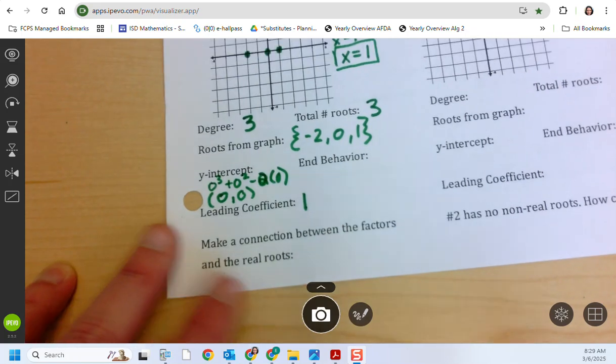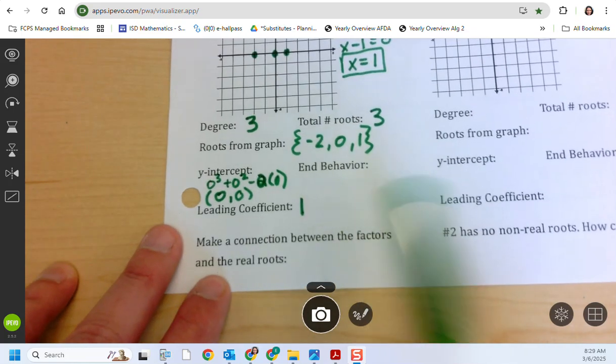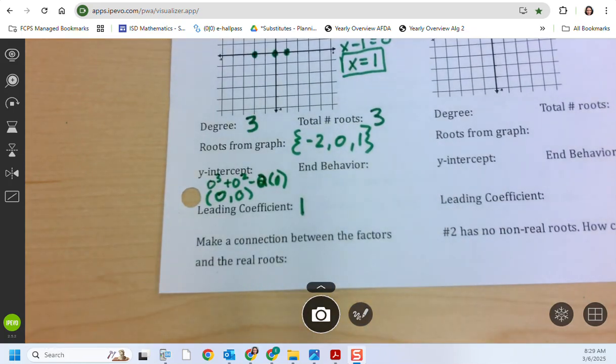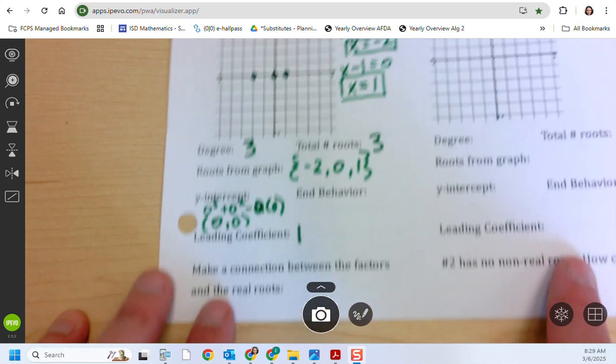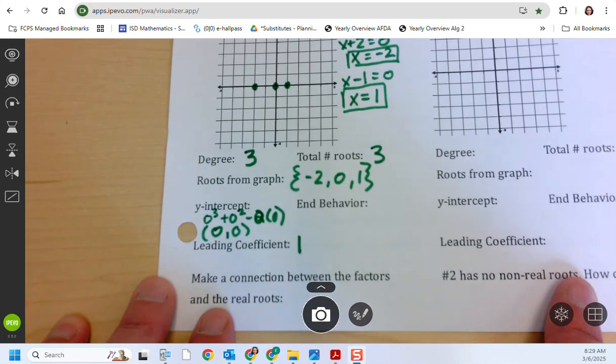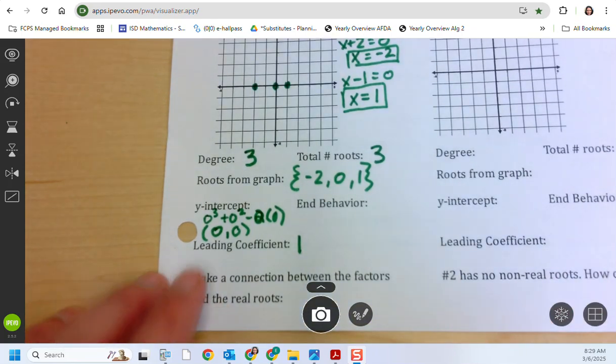Okay, here's what we're going to learn about end behavior. The leading term altogether tells you the end behavior of the graph. Remember that the end behavior happens as x gets really, really big, like infinity.